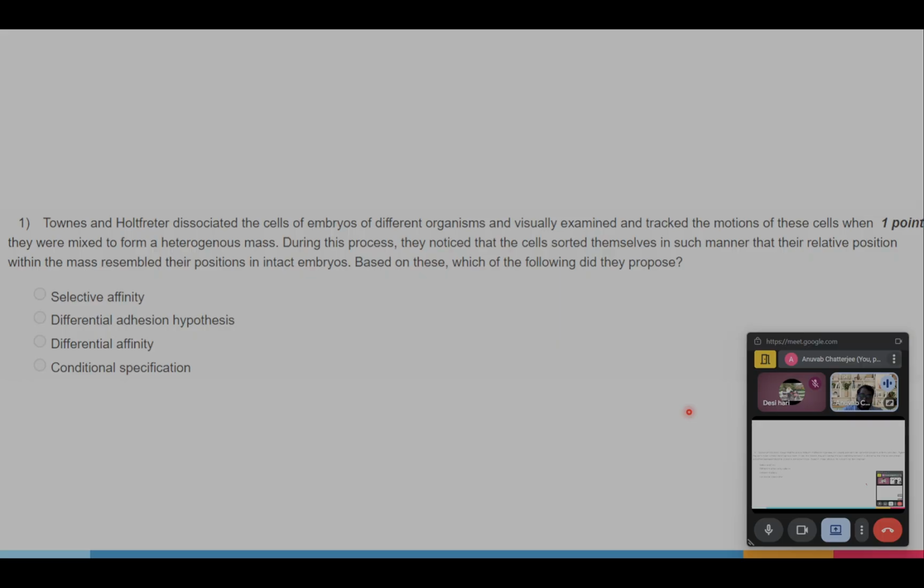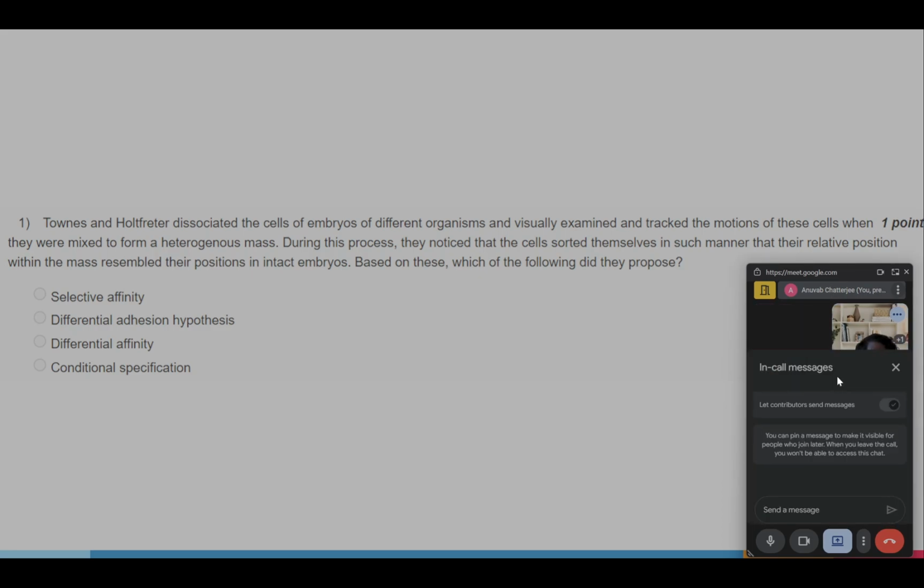So you can put what you think is the correct option into the chat. A, B, C, D. Okay, so let us look at it.